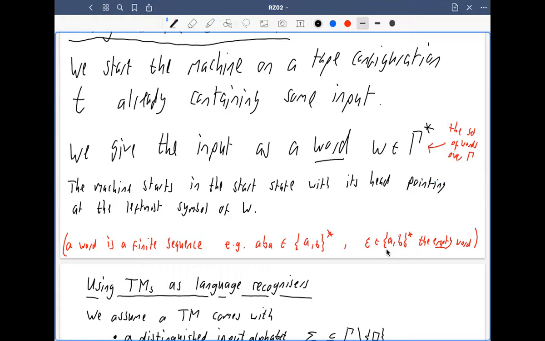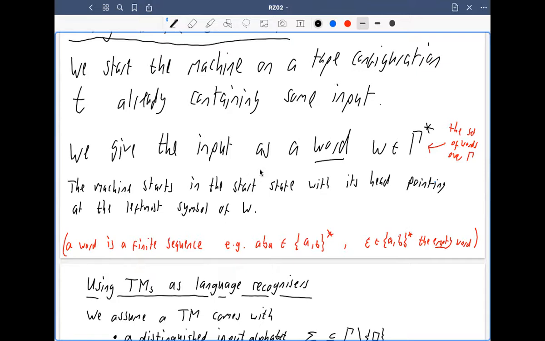The point is, the machine can tell that we've got the empty input word because it's looking at a blank square. If the machine's not looking at a blank square, then we have a non-empty input word, and the machine assumes, because we start it in the right start configuration, that it's looking at the leftmost symbol of its input word.